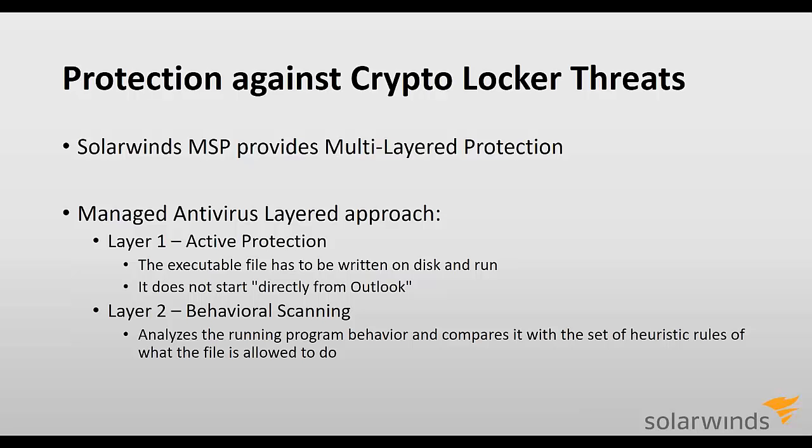Behavioral scanning helps us protect from CryptoLocker and new types of ransomware as well. And it all comes down to your protection policy settings as well. If you have more ignore remediation ways, of course in the end of the day it's going to damage us more, compared to if we have remediation set to disinfect or quarantine.